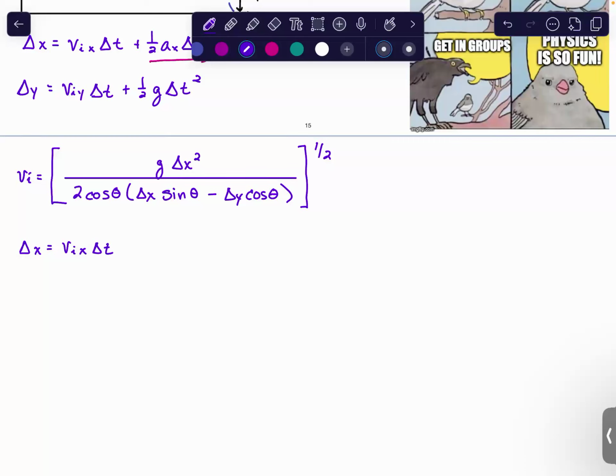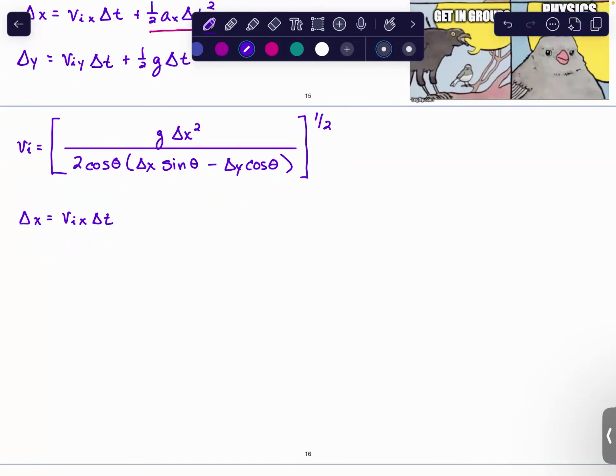And also, realize that initial velocity, well, no, we'll get there. Do you notice how this velocity has components? That's going to have to come into play.